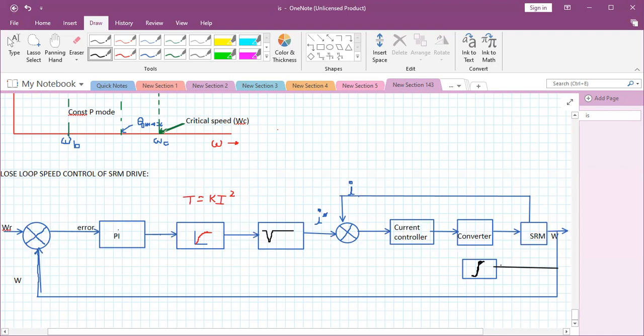This is because we have to find out the theta position. So we have to integrate, because what is theta? Theta is equal to omega t. So we have to also know the position of this particular rotor or motor. If we require theta, then we require an integrator with omega. Omega is a speed. Are you getting this?